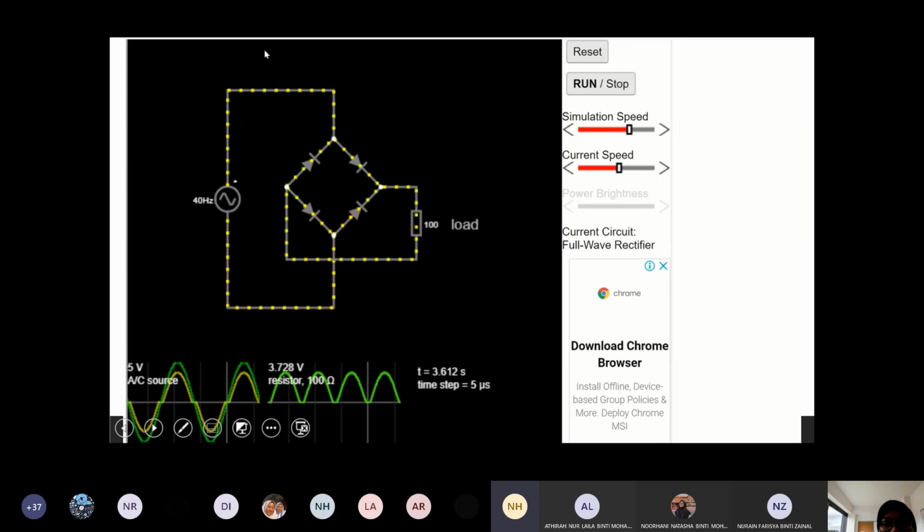Okay, right. So you should know how to write this one. So this is dia punya movement tu. Okay, current. Tengok the direction of current. This is how you compare full wave and half wave. So make sure you know this one.